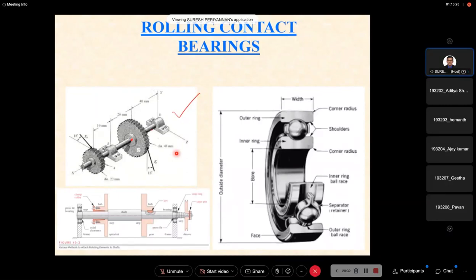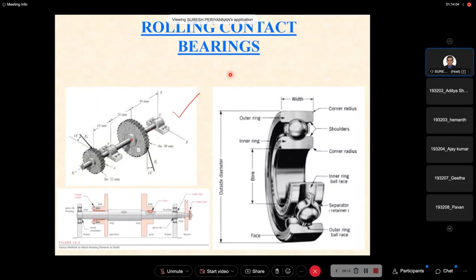Due to the friction effect, we classify the bearing types: one is the sliding contact bearing, the other the rolling contact bearing. The sliding contact bearing is also called a plain bearing, journal bearing, or sleeve bearing. Based on lubrication thickness, the bearing can be designed, and the lubricant fluid can also be decided for a particular application.